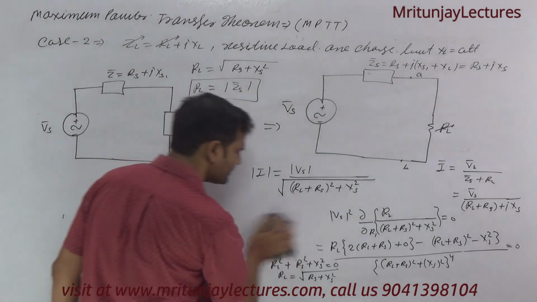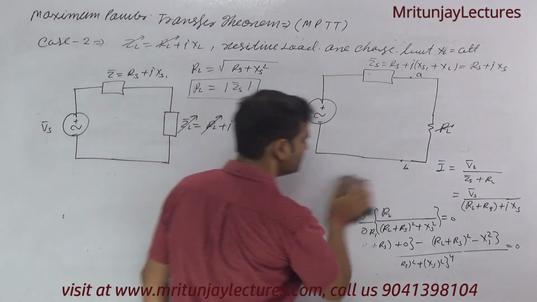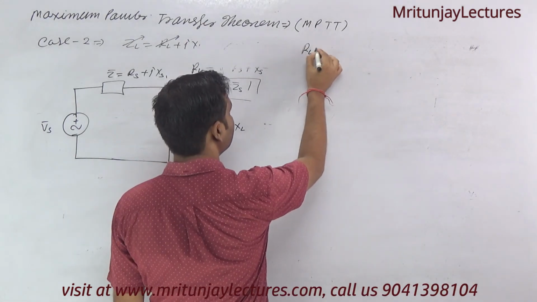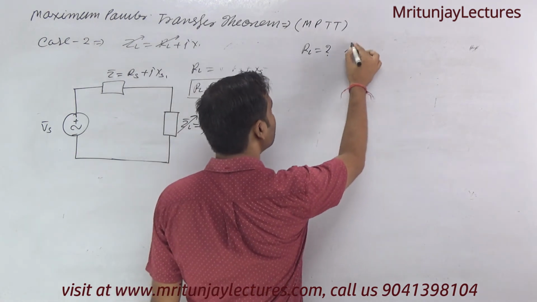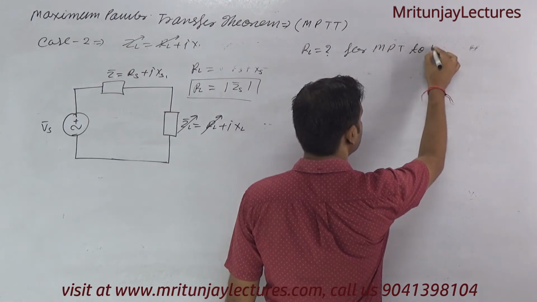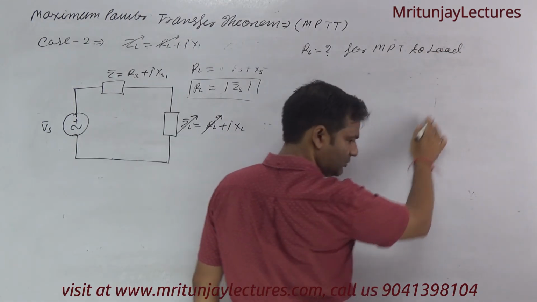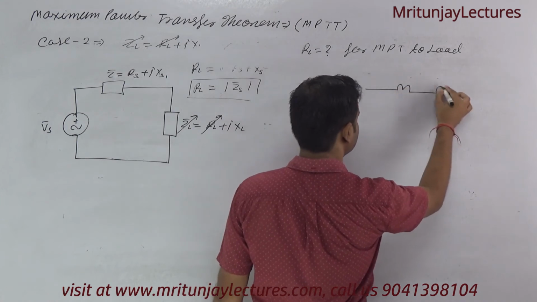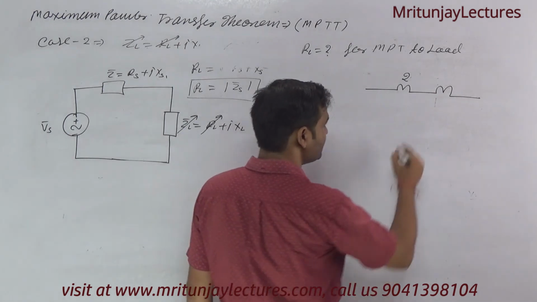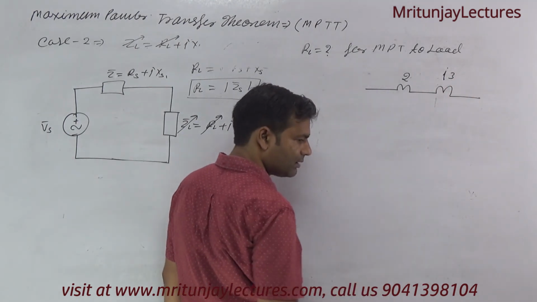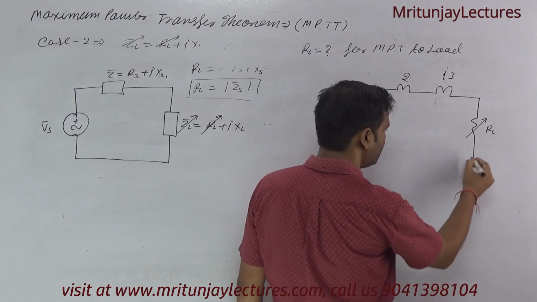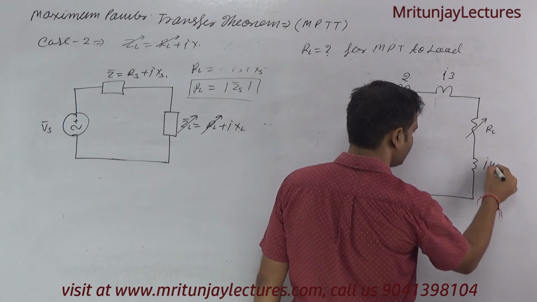First of all, make it. Our motto is to determine RL for maximum power transfer to the load. The question is given: that is 2 and J3, and here RL is given, and this one is J4 ohm.